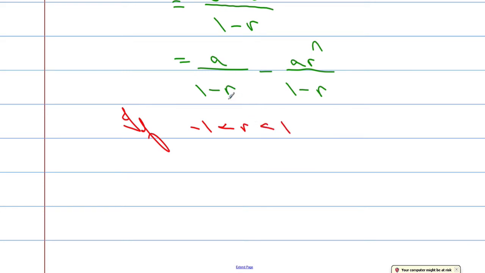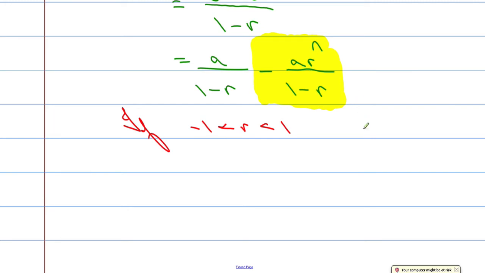So for really, really small values of r, I'm going to end up with this part here. I'll highlight it. Let's get the highlighter out. If r is between minus 1 and 1, all of this part here that I've highlighted is going to tend towards 0.